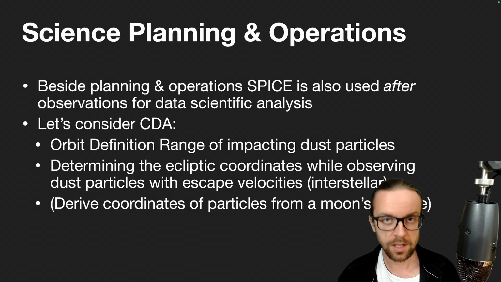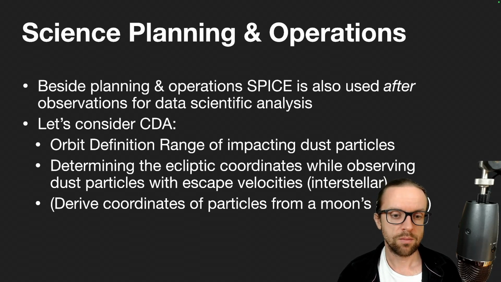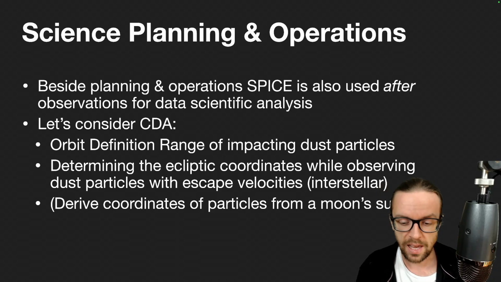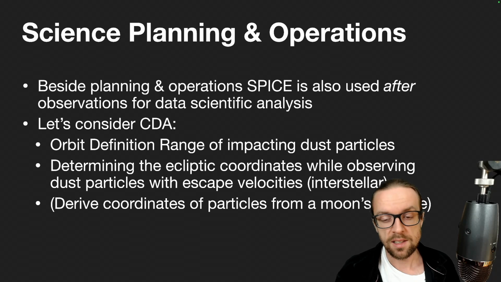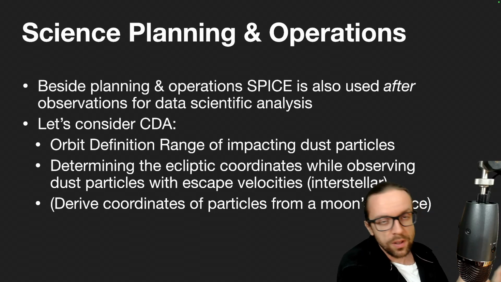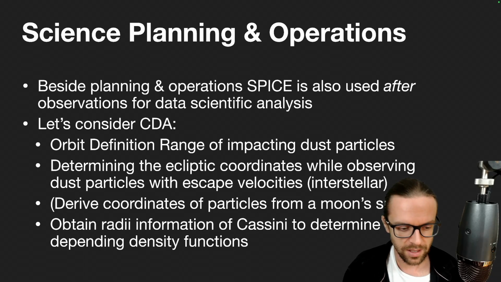I just told you that we were flying along some moons like Enceladus or so, and these moons, like Enceladus, have ice geysers. We measure these particles, and theoretically you can also map them back to the surface of the moon. Then you have a coordinate system there, and you can even do some mapping on a moon that is revolving around a planet that is revolving around the sun. So you see the complexity that is behind this topic.